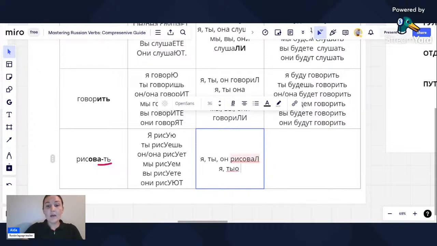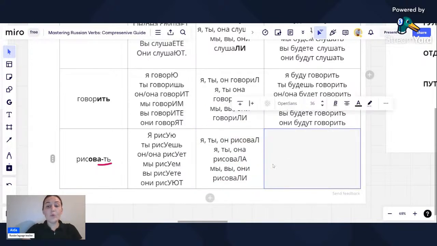Я, ты, она, it's a female form, рисовала. И for plural, мы, вы, они, рисовали. Okay, this is the past tense of the verb рисовать, to draw or to paint.